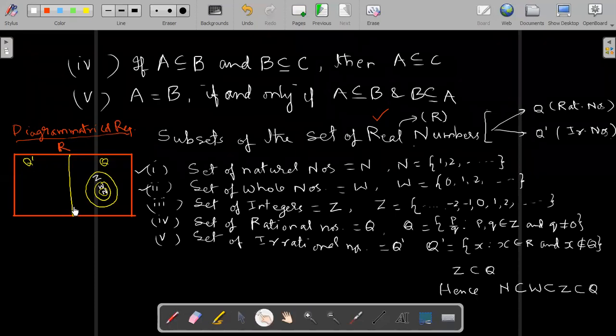This part denotes irrational numbers. The other part denotes rational numbers. Okay. And the rational numbers are again divided into three sets: integers, whole numbers, and natural numbers. So this is the diagrammatic representation of the subsets of the real numbers. Okay.